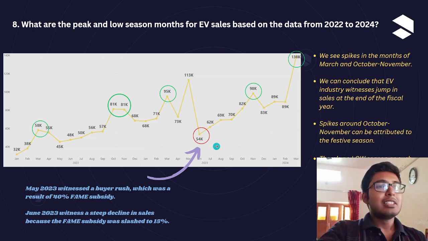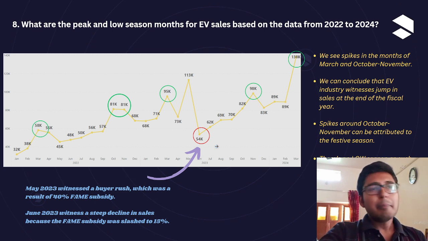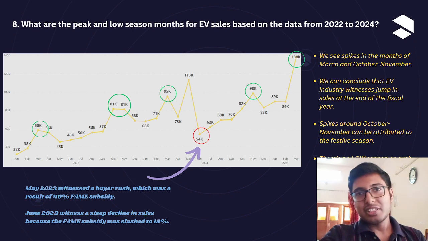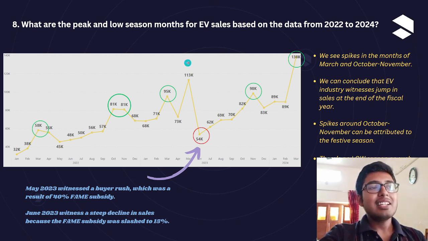So there was a buyer rush at that time, you can say. So it recorded record sales of 113k. But during June 2023, the 40% subsidy was reduced to 15%. So that might be one of the reasons why there is such a steep decline in sales during June.